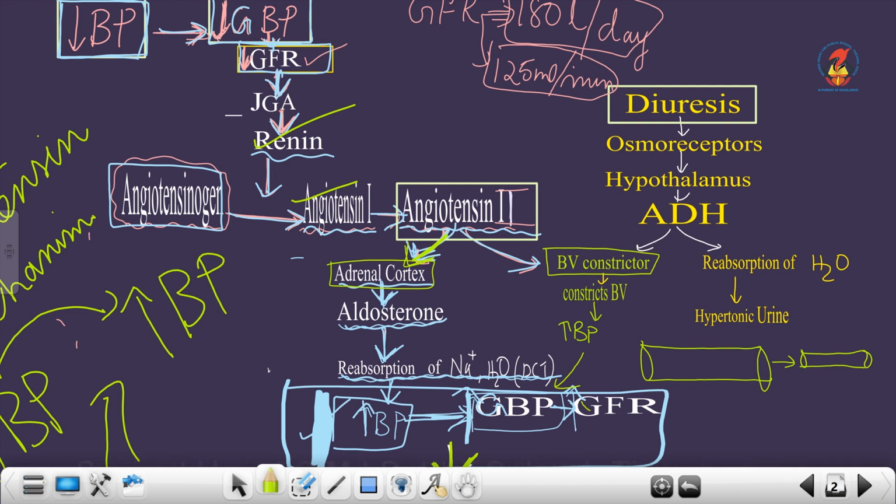So you can see angiotensin has a twofold effect. Once again, concentrate on angiotensin. From angiotensin, I bifurcated two arrows.